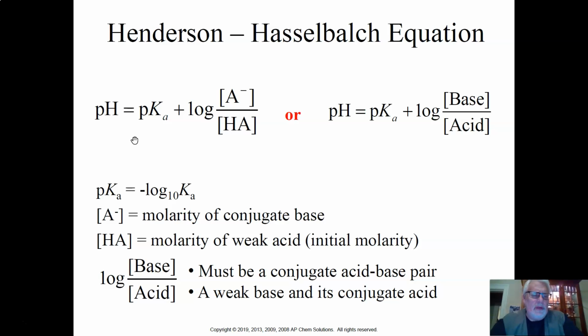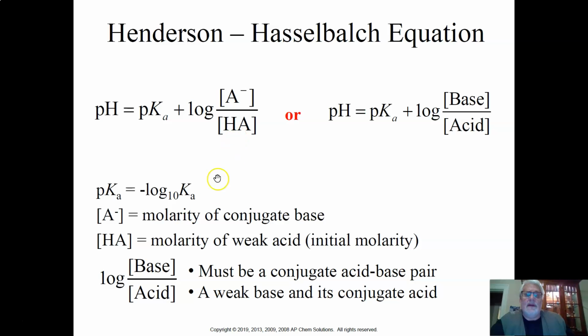And we're going to throw a little curveball in this next lecture, which is the third of I don't know how many lectures for 8.4, and it's called the Henderson-Hasselbalch equation. This is in your purple sheet: pH equals pKa plus the log of the quantity A minus over HA.